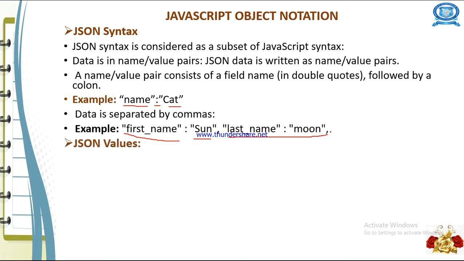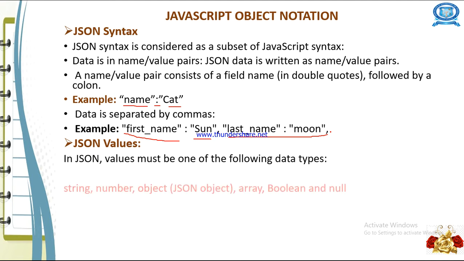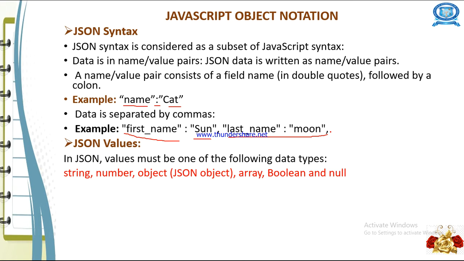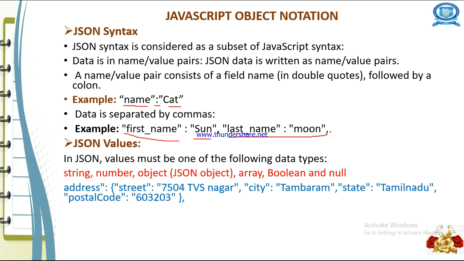Next, JSON values. The values must be one of the following data types: string, number, array, boolean value, object, etc. For example, suppose we want to specify an address. This is the format.